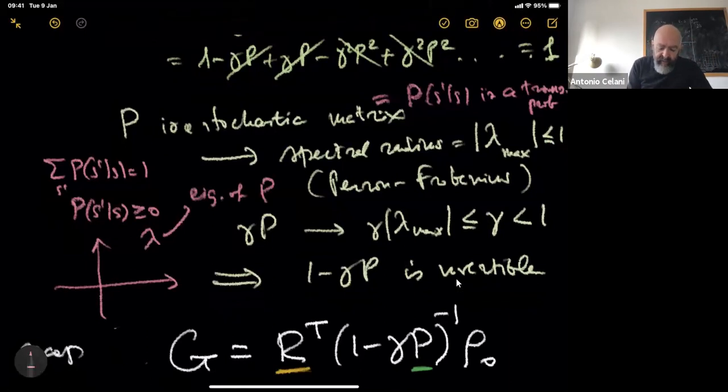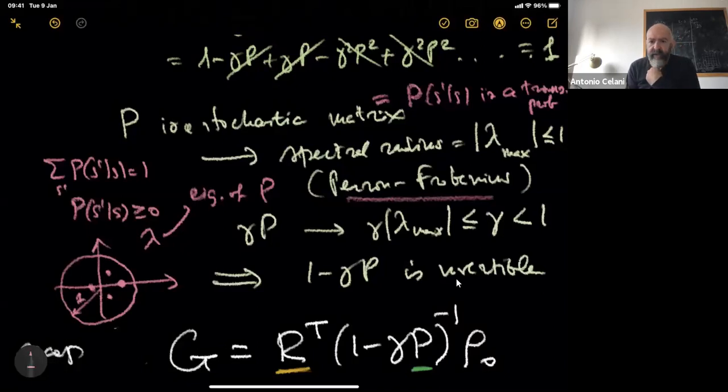Of course, they can be complex, but they come in pairs because the matrix is real. So you can have either real eigenvalues somewhere here, or you can have complex conjugate ones. But what is important, all of them stay inside the ball of radius 1. This is a mathematical property of transition matrices, which is the content of the Perron-Frobenius theorem.